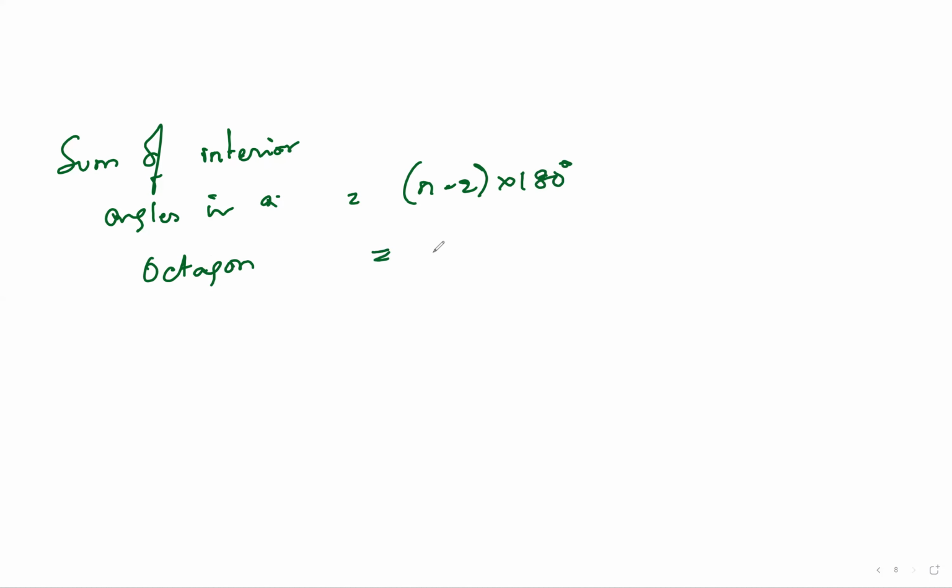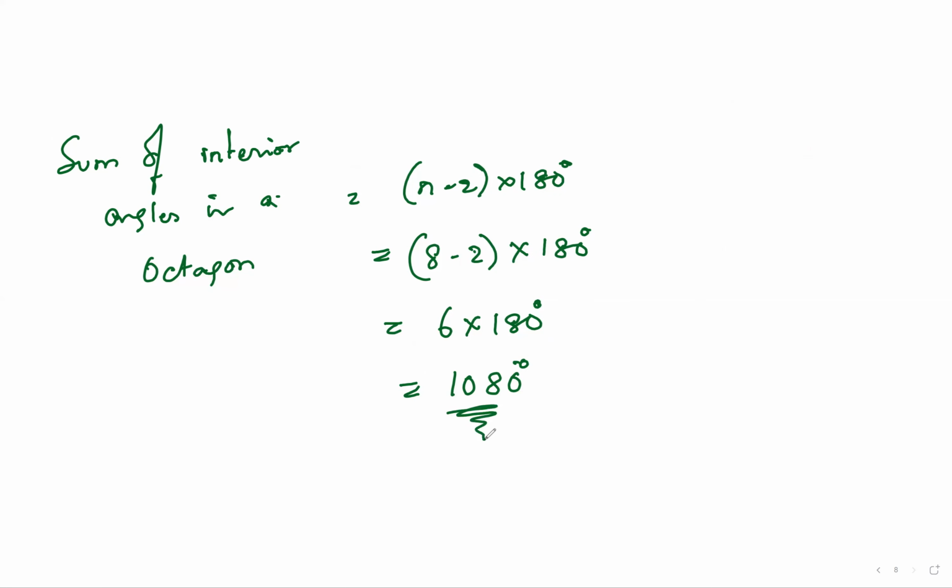So in place of n, since it is an octagon, you take it as 8 minus 2 times 180 degrees, and 8 minus 2 is 6 times 180 degrees. What is 6 times 180? 6 zeros are 0, 6 eights are 48, 6 ones are 6, 1080 degrees. So this is how you find out the sum of angles in a polygon.